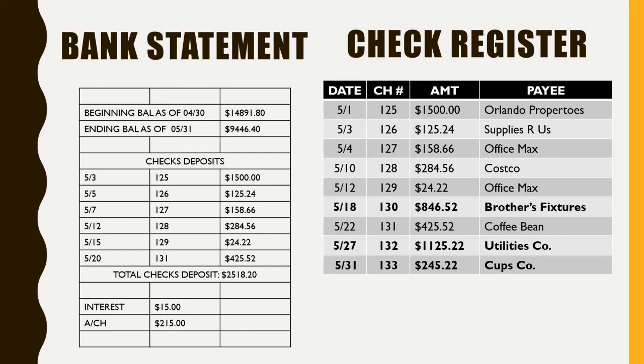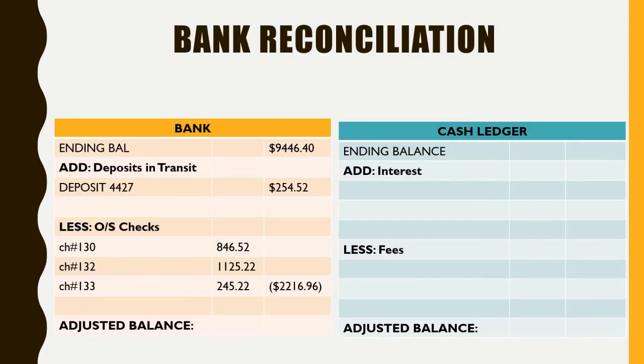So on my check register, I have checks 130, 132, and 133 that I've written out that have not cleared yet. Those 3 checks for $846, $1,125, and $245 are all going to be listed right here because these are all pending to be cleared.